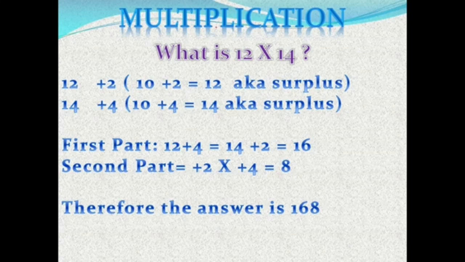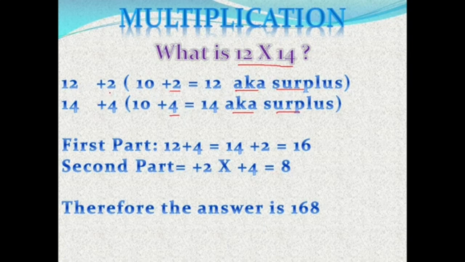Like I have taken one more example: what is 12 into 14? Watch here, 12 and 14 are near to 10, but they are greater than 10. So I am going to call these values surplus values. 12 is 2 greater than 10, and 14 is 4 greater than 10.